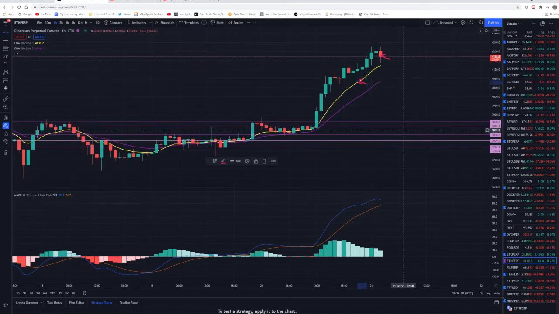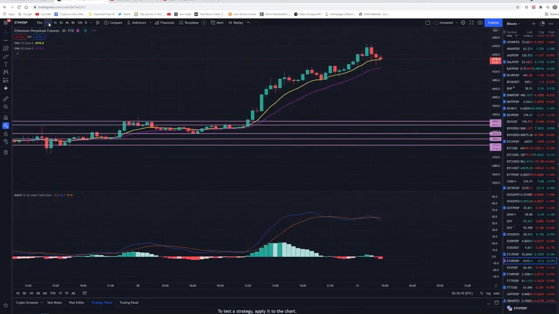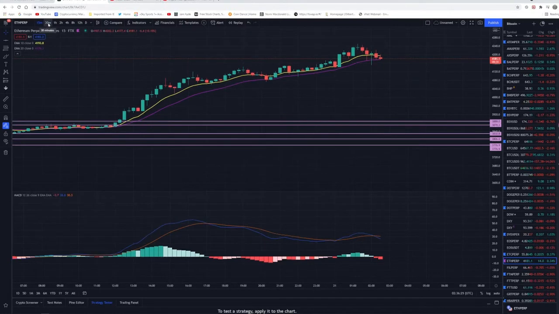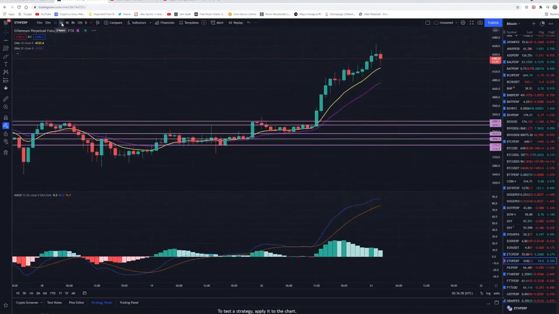Ethereum. Let's have a look at these lower time frames. Yeah, the MACD's getting divergent.